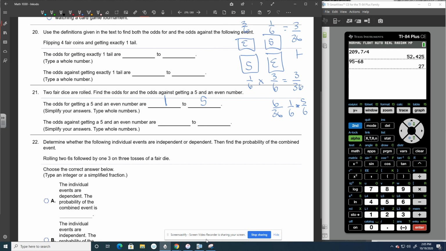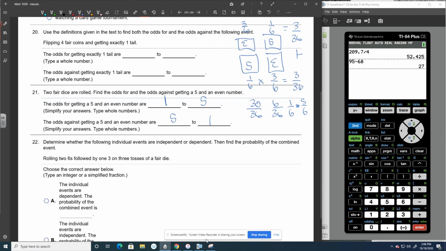If there's 6 out of 36 ways that it could happen, then there's 30 out of 36 ways that it could not happen. So the odds for getting a 5 are 1 to 5. The odds of not getting a 5 and an even are 5 to 1.